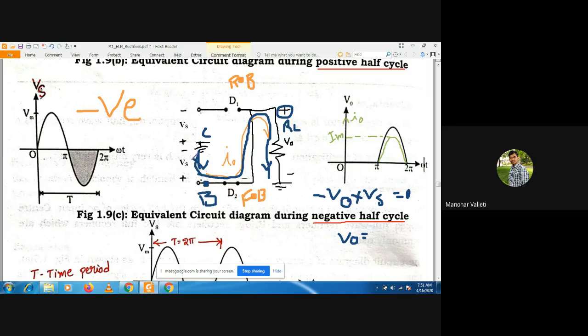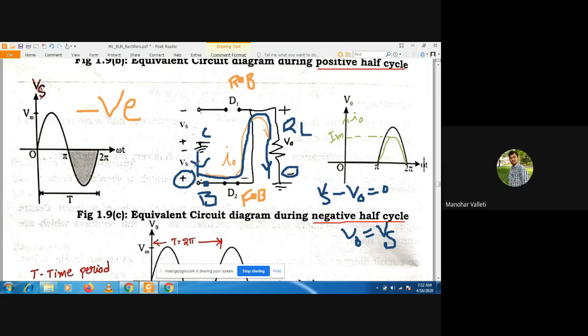When I am writing the KVL equation, it gives Vs minus V naught equal to 0. So V naught equal to Vs.